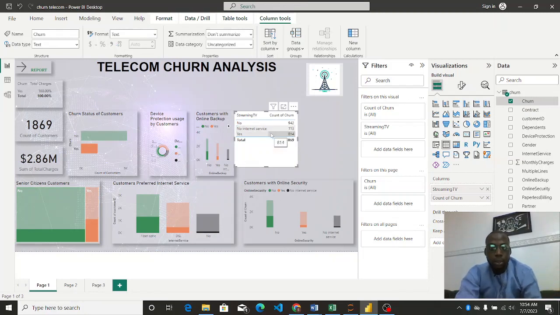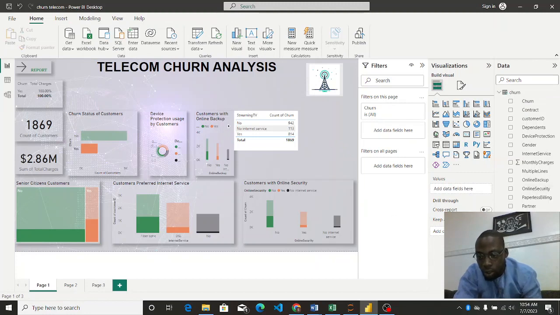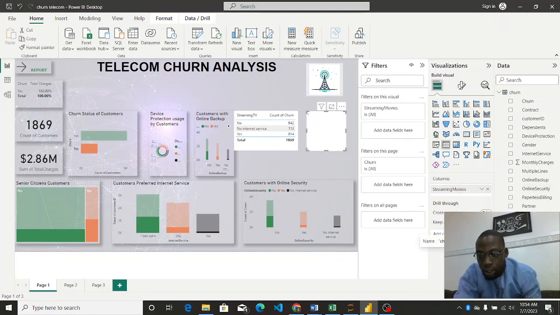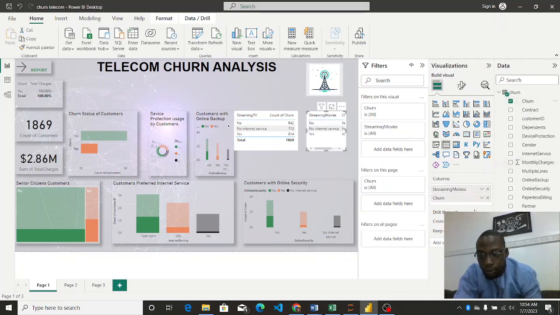Yes, okay, now we can see that this is to buttress our point. Let me also create a new one for streaming movies and churn count.